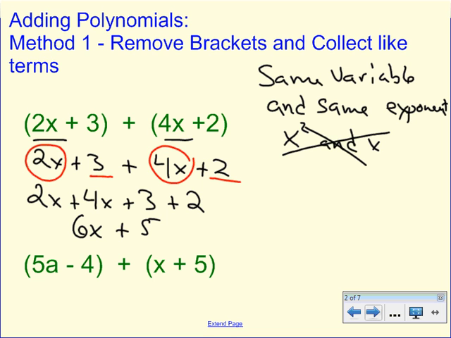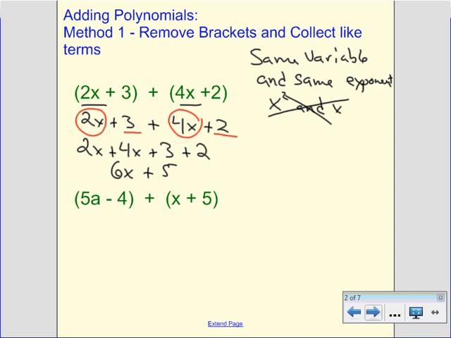And what about my second example? I have 5a plus negative 4 plus x plus 5. The only like terms in this one are 4 and 5, but here I have 5a and x. They're not the same variable, so they're not like terms and I can't collect them. So first of all, I'm going to remove the brackets.